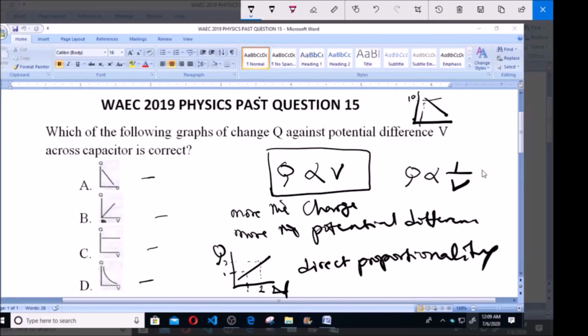So the right option from what we have here is B. This is direct proportionality, this is inverse proportionality, this is remaining constant, and this is not a straight line relationship. So with that, B is the answer to our question.